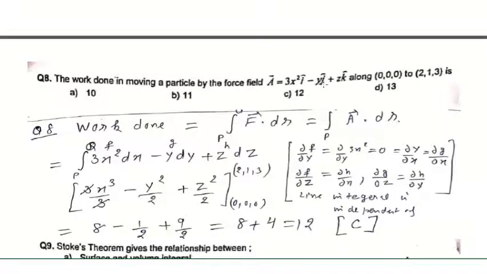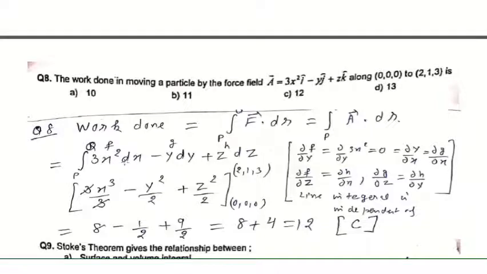Here the force given to us is A, and displacement is dr. A is 3x square i minus y j plus z k, and dr is dx dy dz. Whenever there is a dot product, i component gets multiplied with i, j with j, k with k, so we get 3x square dx minus y dy plus z dz.